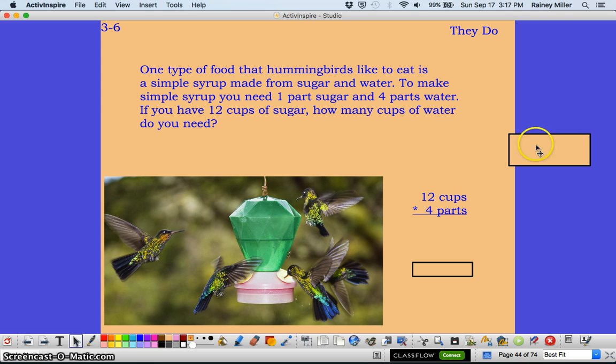So I know that I have 12 cups of sugar, and so I'm going to need 4 cups of water for every 1 cup of sugar. So 2 times 4, that's going to be 8. And then 4 times 1 is going to be 4. So that's going to end up with 48 cups.